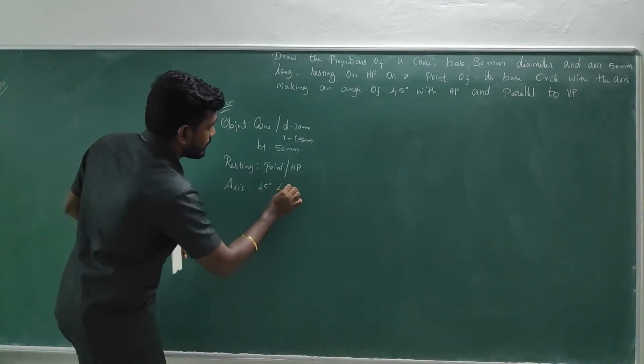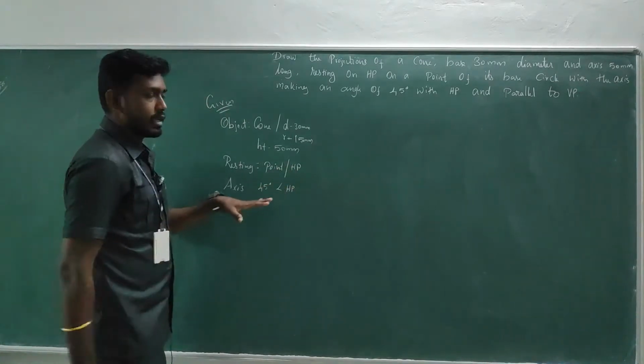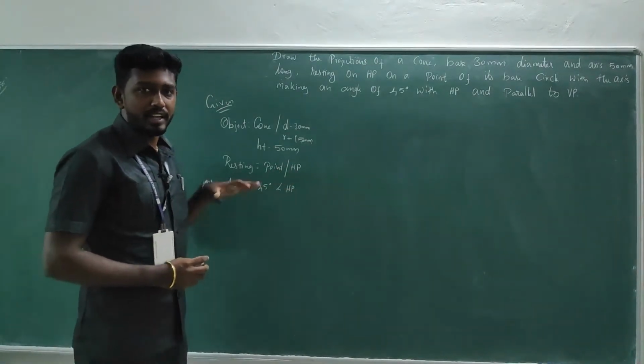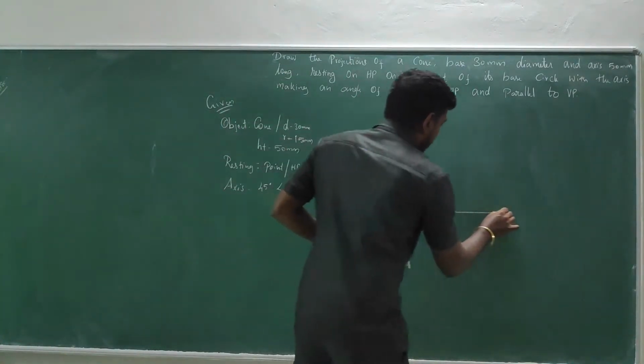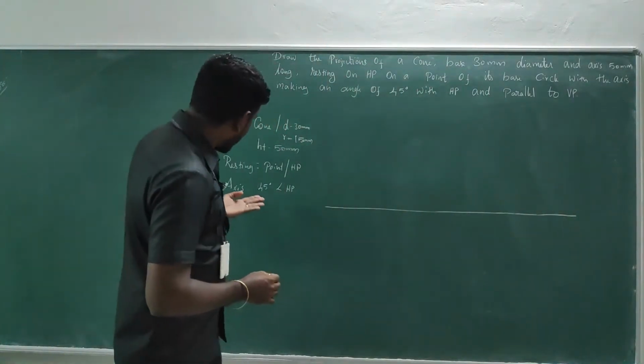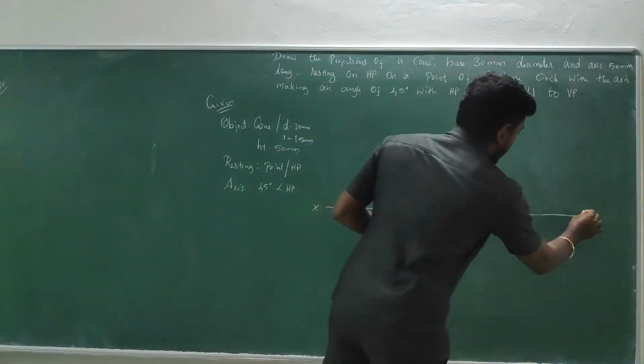Inclined at 45 degrees to HP, right? So these are the things that have been given in the question. So it is inclined to one of the principal planes, HP.